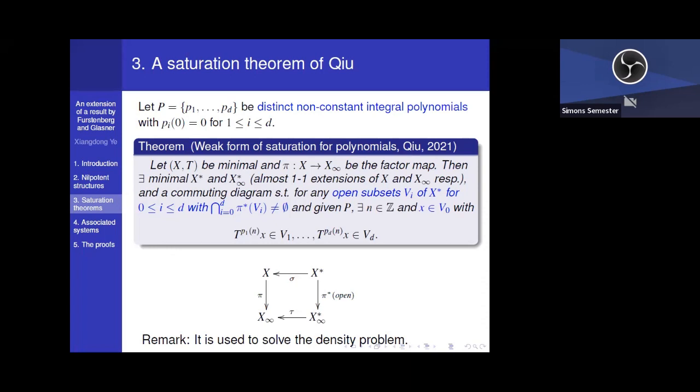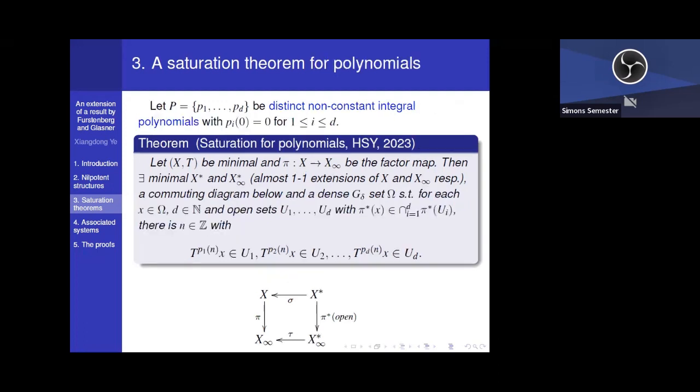In some sense, it's a topological analog of the result. In our paper, using some arguments, we can strengthen it a little bit. We can find a dense G_δ set Ω such that for each x in Ω and the open sets U_1, ..., U_d, this holds.